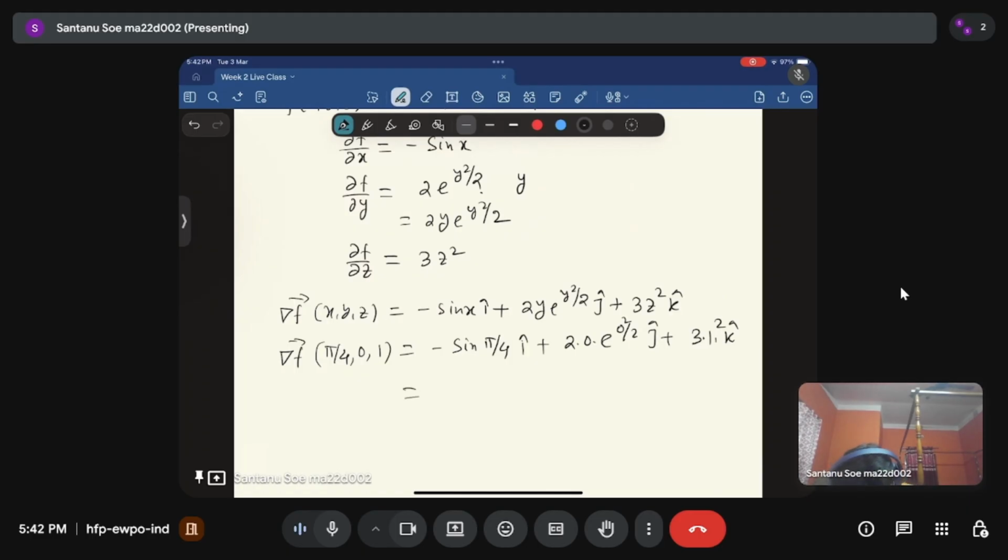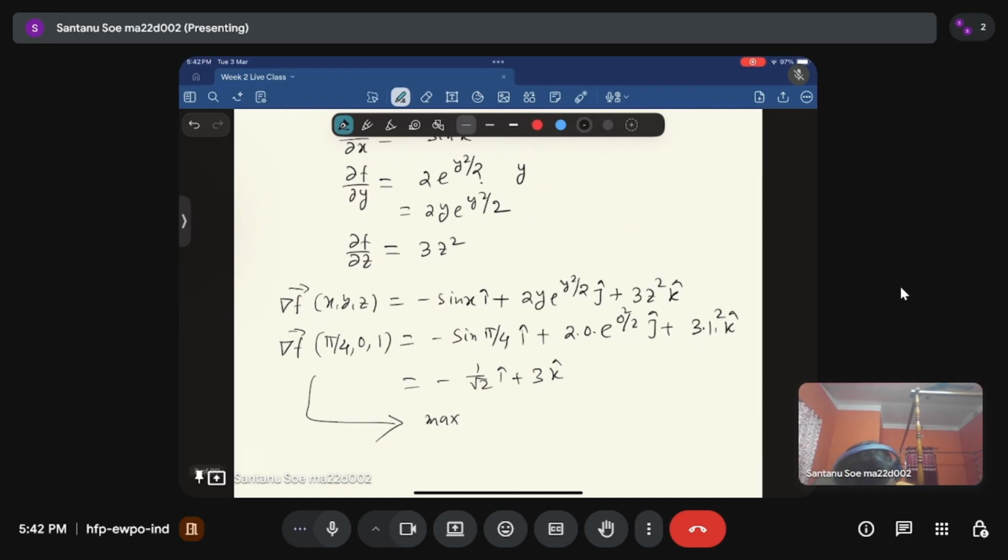This is going to be minus 1 by root 2 i cap plus 3 k cap, right? Now this is the direction of maximum rate of change of f at p.